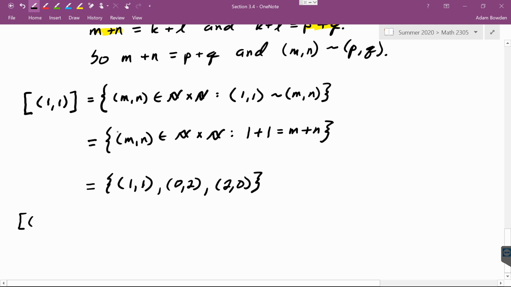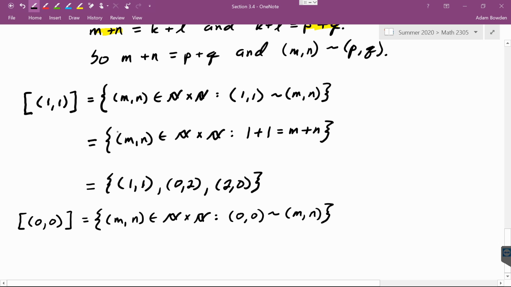Then let's see, the equivalence class of 0, comma 0. To write it out here again, that's the set of all ordered pairs with natural number components such that 0, comma 0 relates to m, comma n. That's the same thing as m, comma n in the natural numbers cross the natural numbers such that 0 plus 0 equals m plus n.